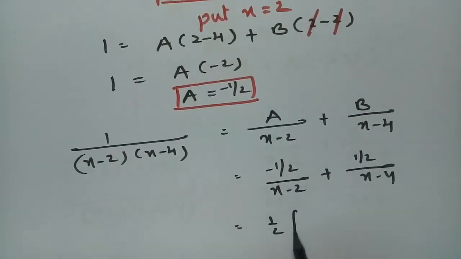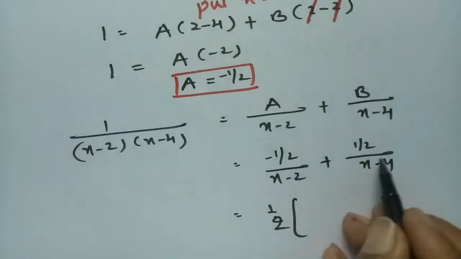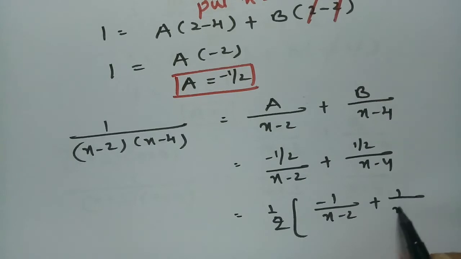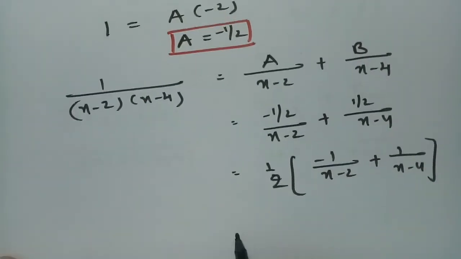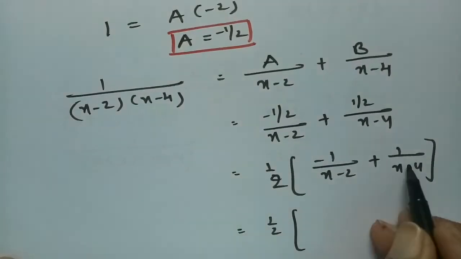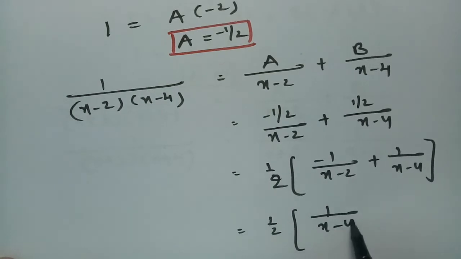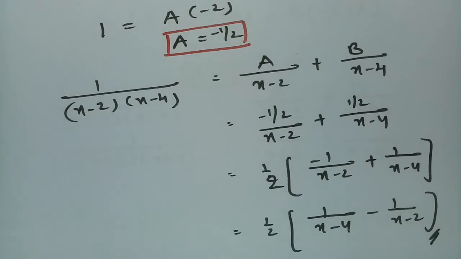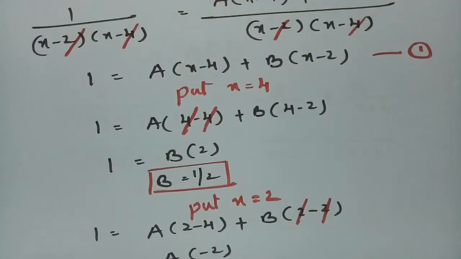If I take half common, this will be minus 1 by x minus 2 plus 1 by x minus 4. If I further simplify, this will be x minus 4 minus x minus 2, and this is how we have to solve. This is also so simple for getting a and b values.